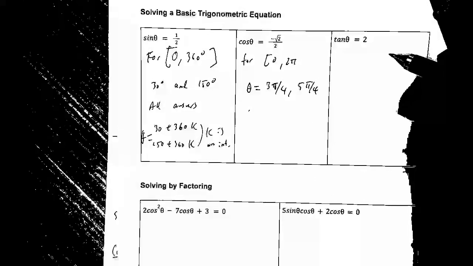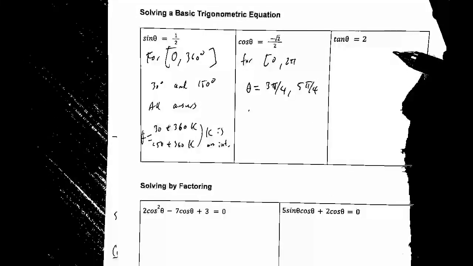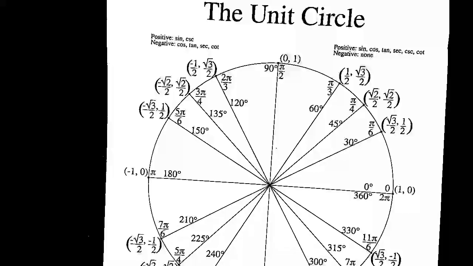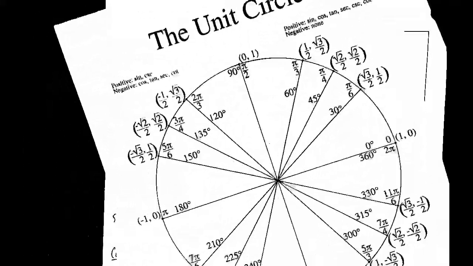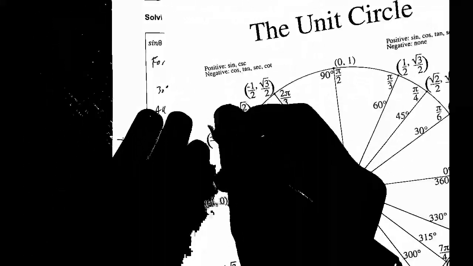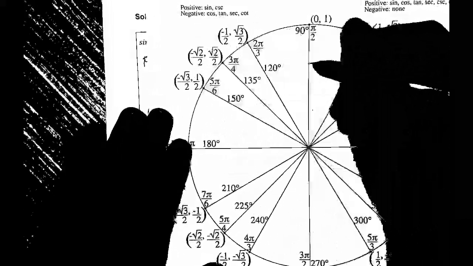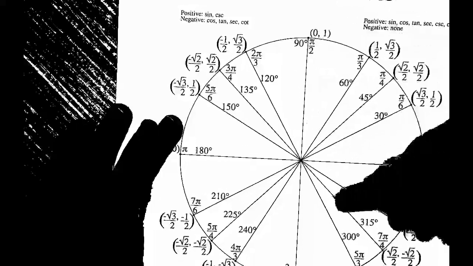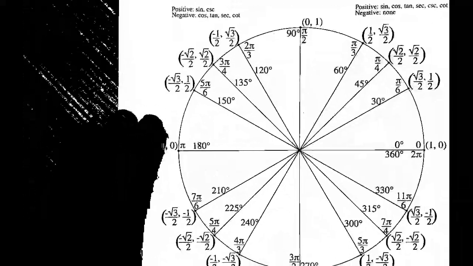And then tan theta is 2. Now, this is not on the unit circle, right? What does that even mean, tan theta? How do I find that? Remember that sine are horizontal lines, right? It's basically saying y equals 1/2, and cosine these are vertical lines, like x equals negative root 2 over 2, right? That's how you find those.